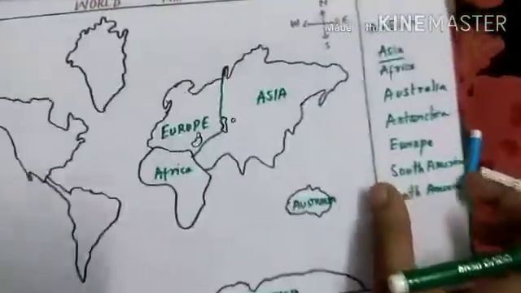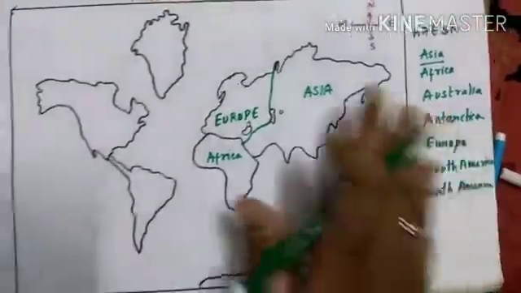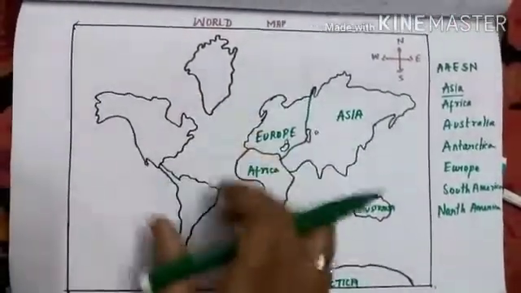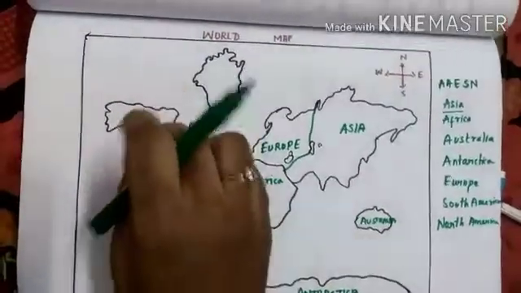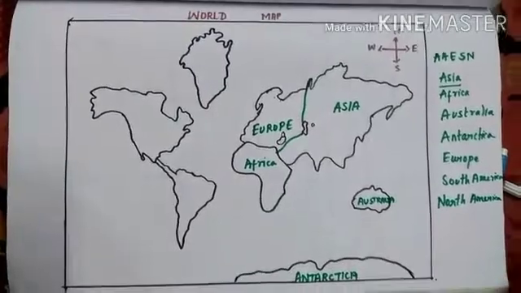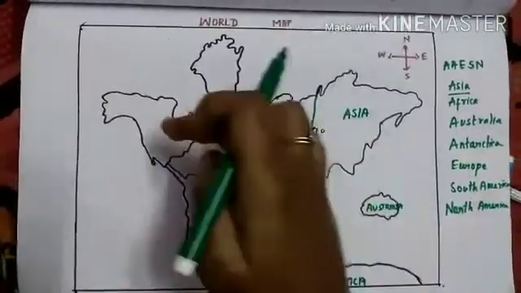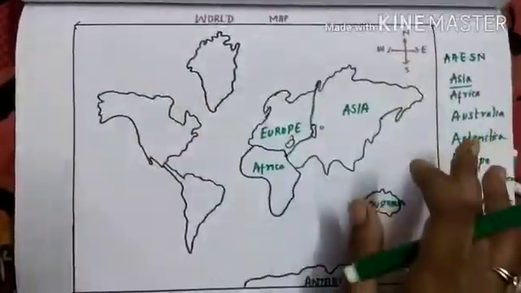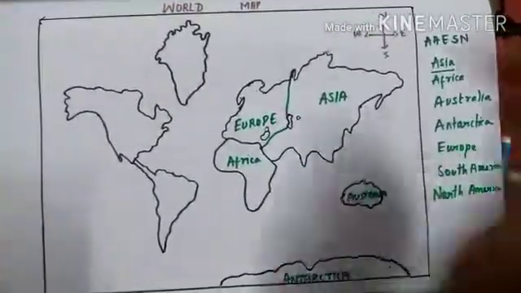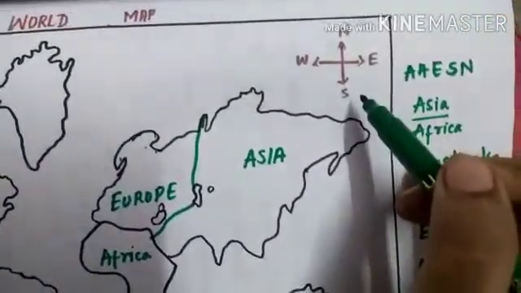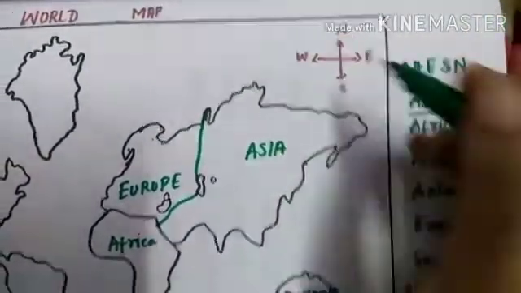Next one, South America, North America. Come to the left side. There are two continents. Now we are going to mark which one is North America and which one is South America. If you have any doubt where to put North and South, in every map there will be a direction given on the map.